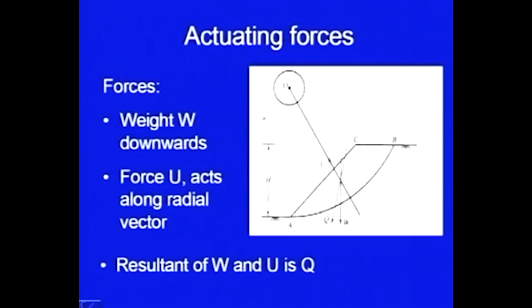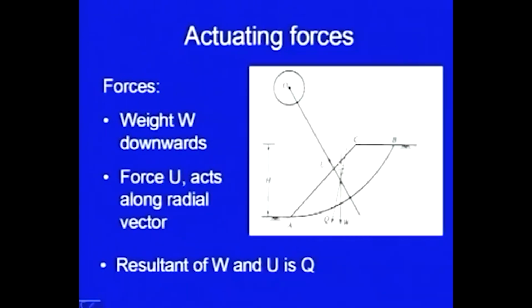Then we discussed the actuating forces. We take up this wedge, which has a cylindrical sliding surface, and weight W is acting in the downward direction. The pressure due to water will be acting in the radial direction, and we took the resultant of these two forces, W and U, let us say that is Q. So, Q is acting in this direction.